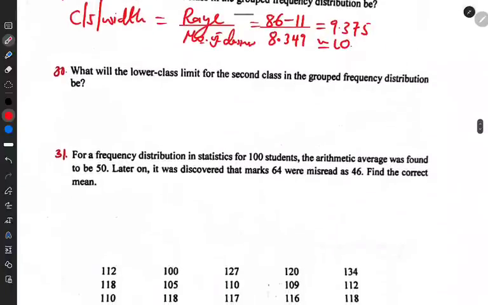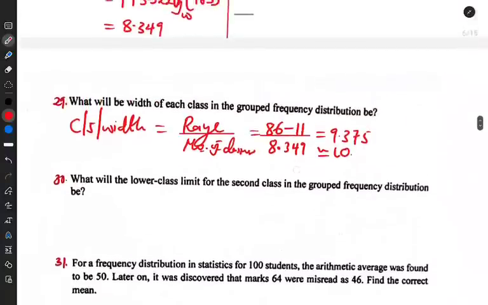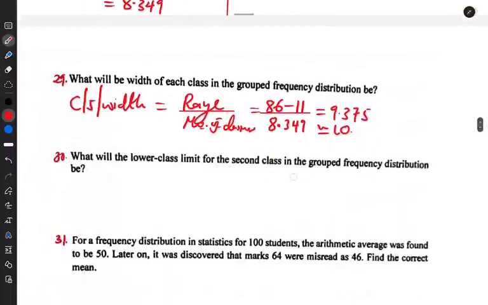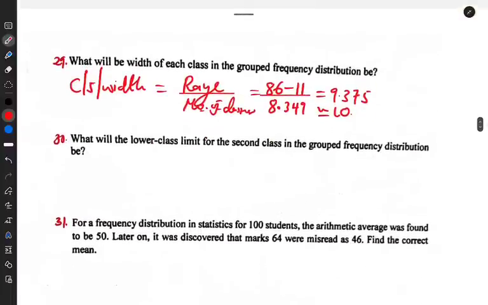Then question 30. What would the lower class limit for the second class in the group frequency distribution be? So in the question, we're told that the lowest score, or the least score, was 11. So we construct the class limits right from the lowest score.